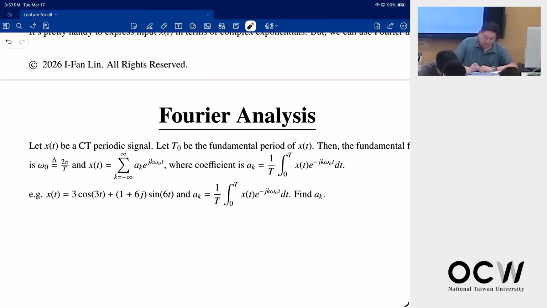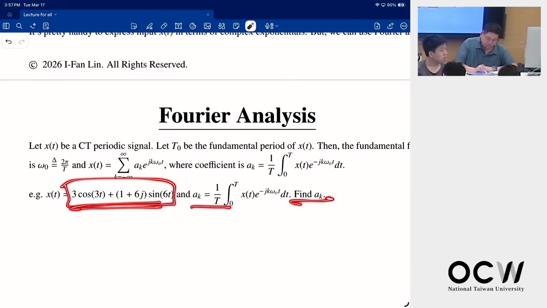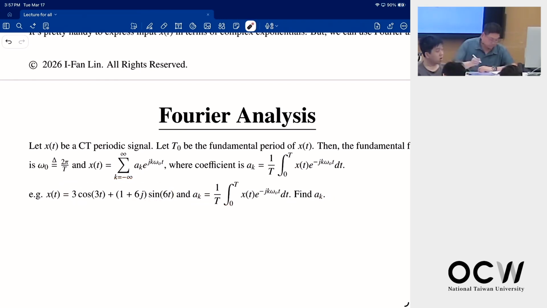For example, if my x here, and then this is ak, we need to find ak. Actually, if x is the input, the signal is here, then what is the ak? So to find the ak, should we have to do the integration every time?